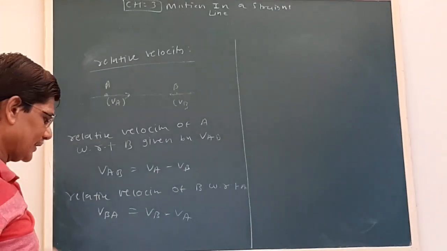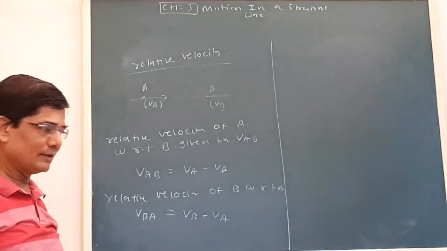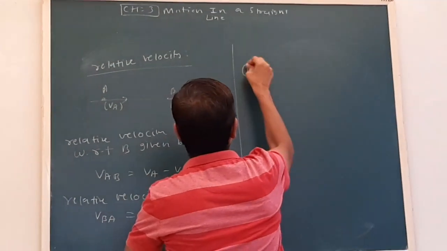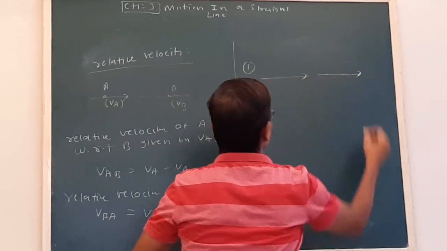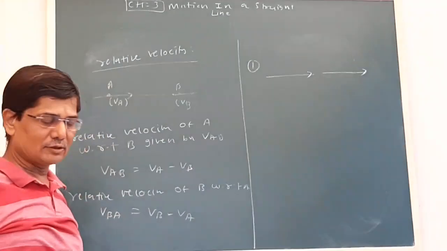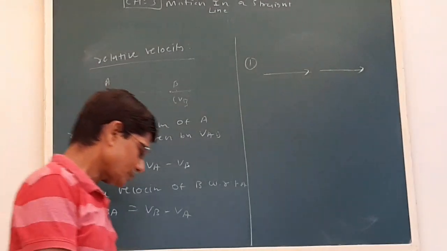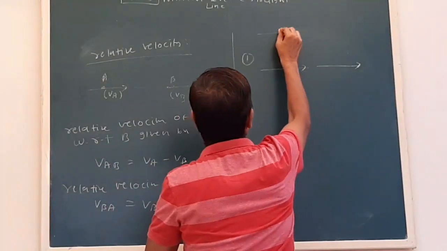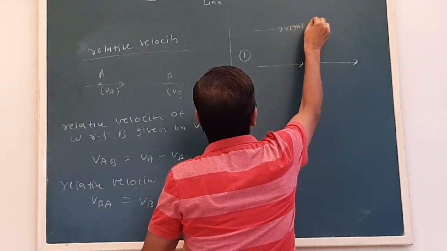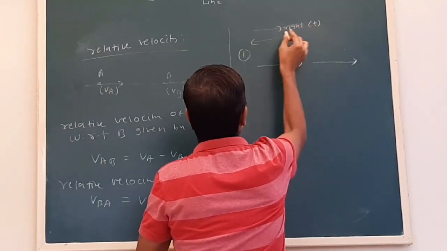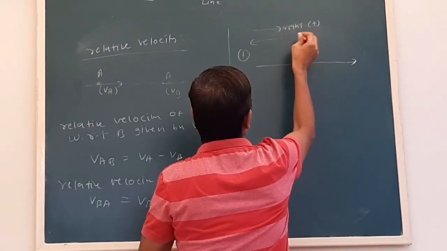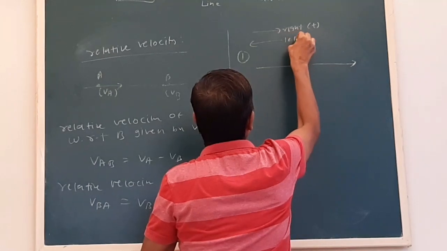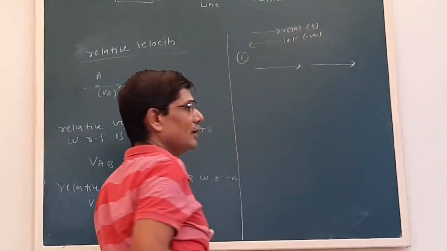Now in that case, there are four possibilities. First, both move in the same direction. For our Cartesian convention, the right-hand side velocity we consider positive and the opposite side negative.